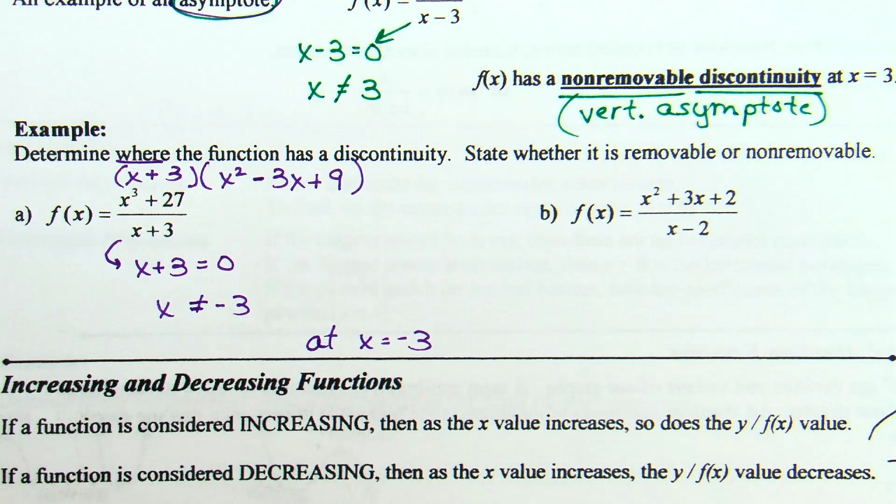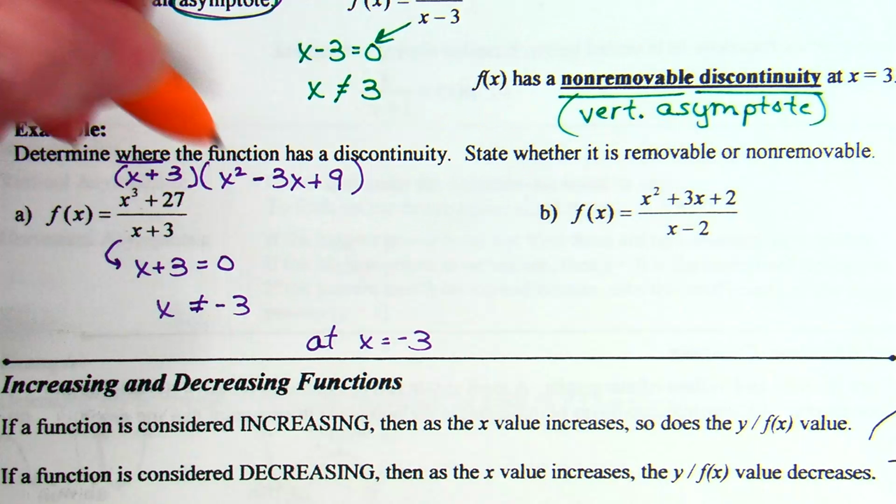But all of this to say, what happens? Yeah, there's an x plus 3 that cancels here. And if x plus 3 cancels, that makes this a hole. What's the official terminology for hole?